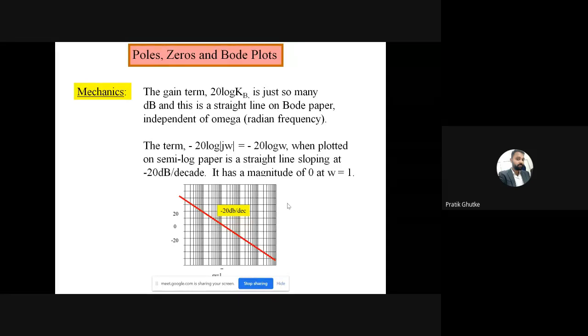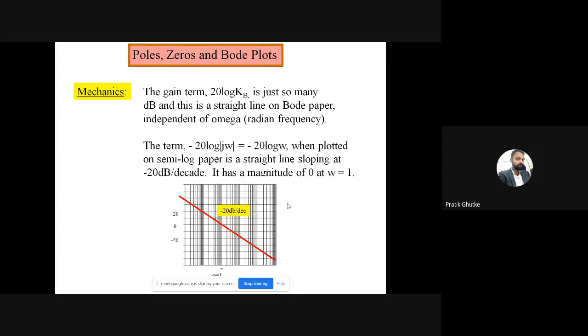The term minus 20 log of jω, that is your pole at origin, will be equal to minus 20 log of ω when plotted on the semi-log paper. It is a straight line sloping at minus 20 dB per decade. It has a magnitude of 0 at ω equal to 1. Keep that in mind.